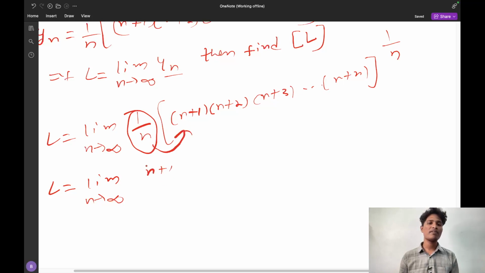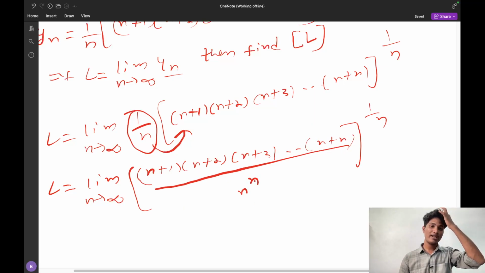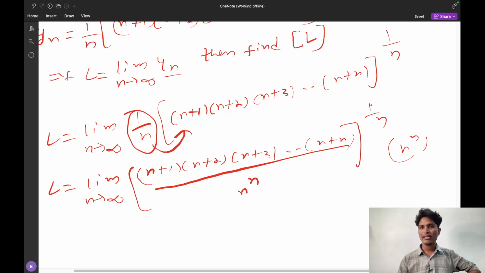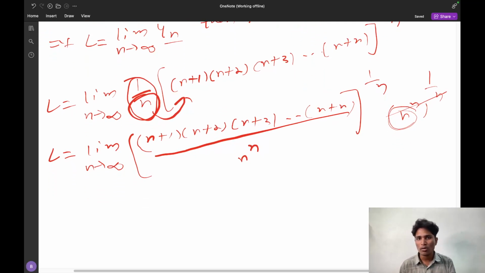I will get (n plus 1) into (n plus 2) into (n plus 3) and so on up to (n plus n), whole power 1 by n, divided by n power n, because if I take n power n outside, and there is a multiplication of 1 by n, the n and the power n get cancelled and I will get n as such, that is 1 by n. So this is correct. The correct value that should be entered into the power of 1 by n will be n power n.